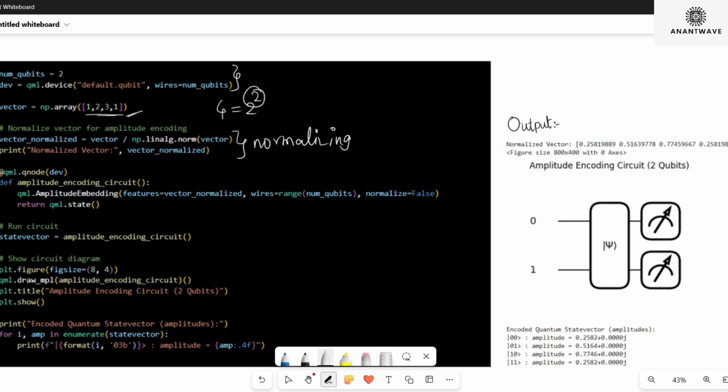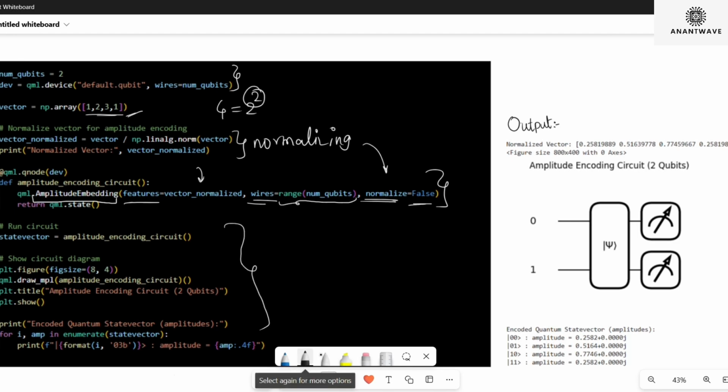And then in the circuit, we already have a predefined method called amplitude embedding with the parameters, features, wires, normalize. Features is nothing but the data we are passing, that is normalized vector, and wires are number of qubits. And then as we normalized previously, we don't need to do it again. So I'm passing the value as false and then drawing the circuit.